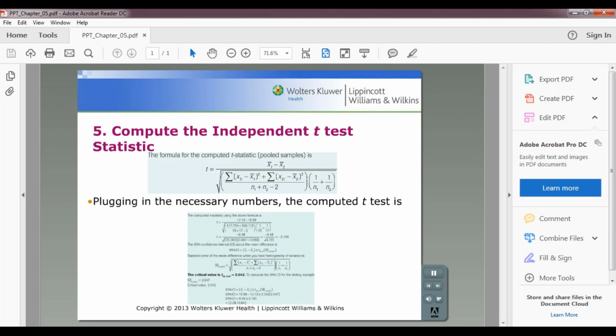At this point, your eyes are probably getting a little bit large, as are mine. This mathematical algebraic equation here is not really necessary if you're going to hand compute a t-test, because like I said, the SPSS functions take care of all this for you.